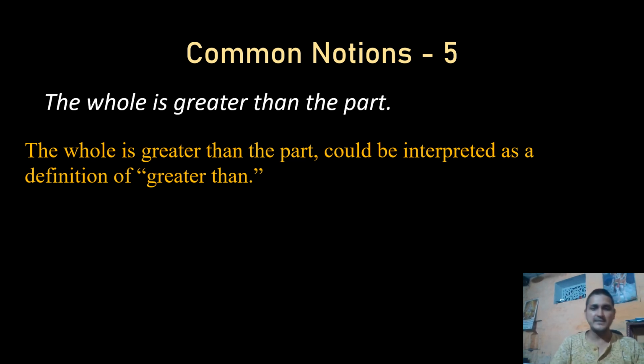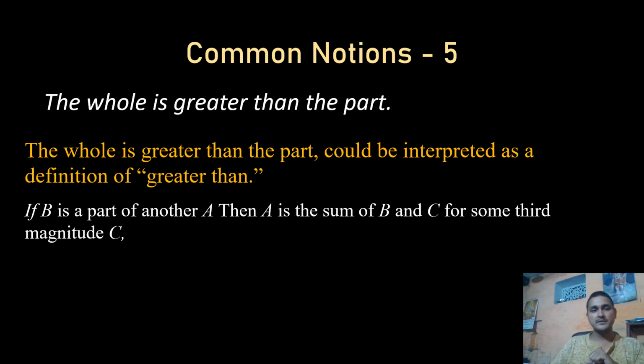This was the basic definition that mathematics can consider. Here, if B is a part of A, then the quantity A is the sum of B and C, where C is another magnitude or quantity.